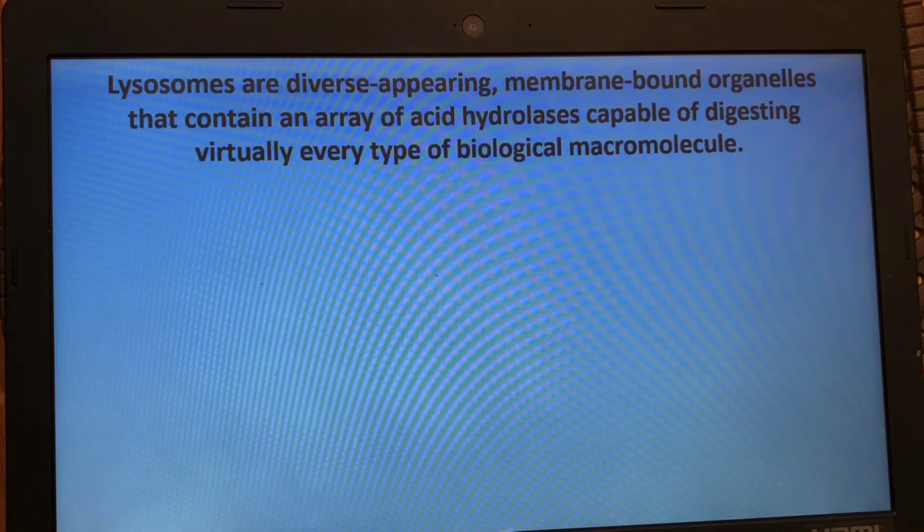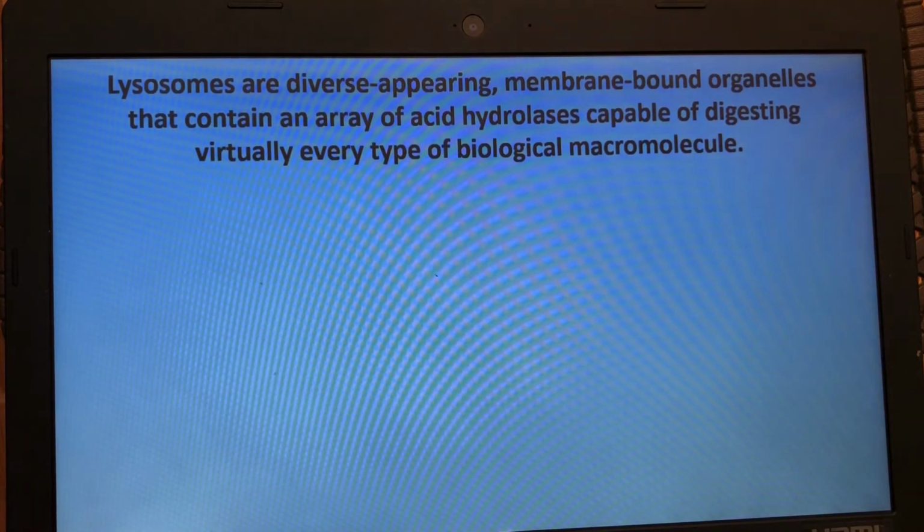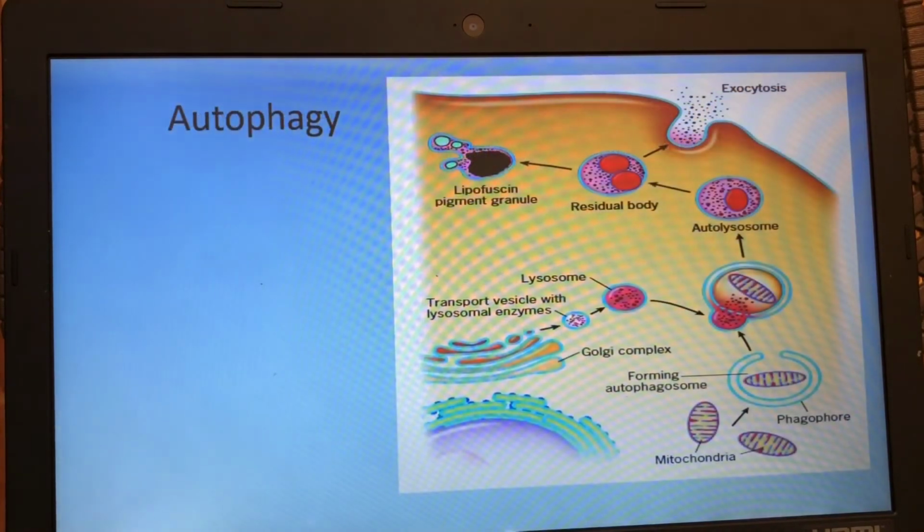Lysosomes also play a key role in organelle turnover, that is, the regulated destruction of the cell's own organelles and their replacement. During this process, which is called autophagy, an organelle such as the mitochondrion shown in this photo is surrounded by a double-membrane structure, what we call the phagophore, to produce a double-membrane sequestering vesicle called an autophagosome.